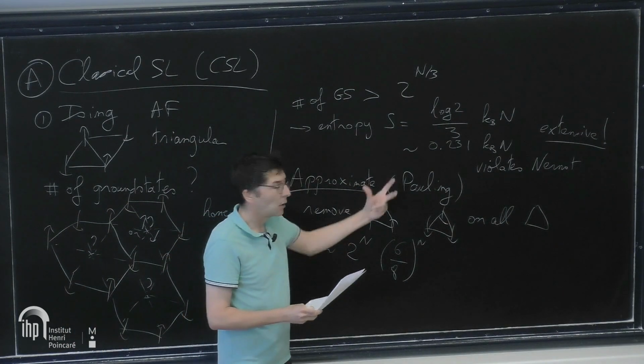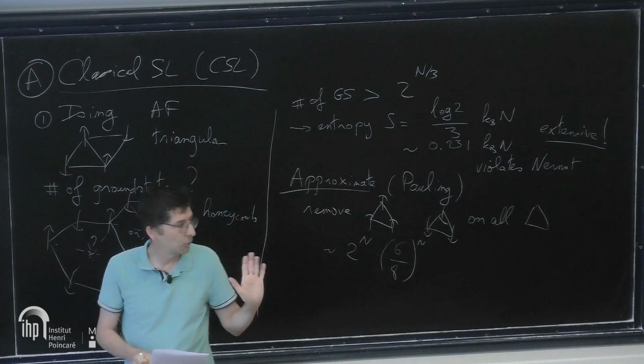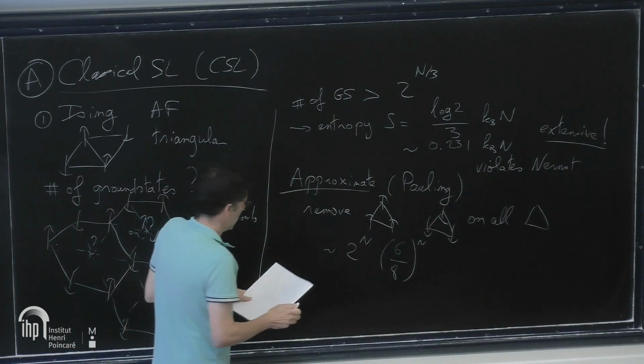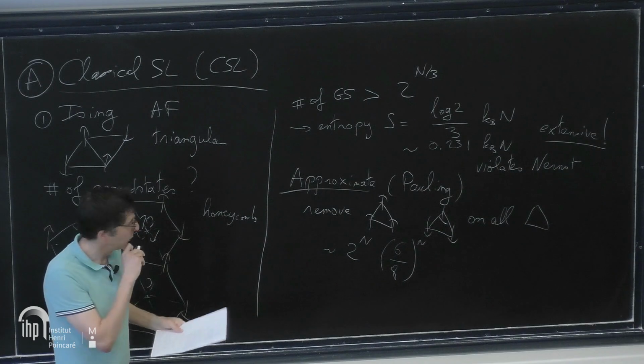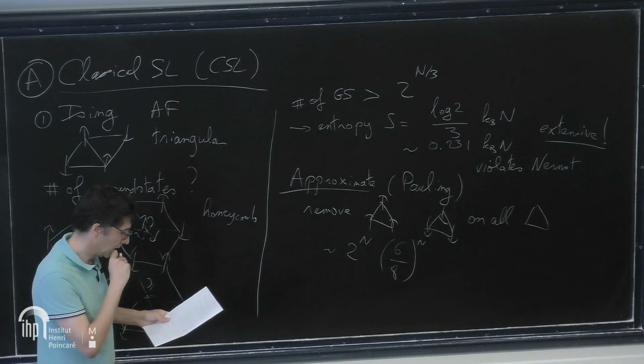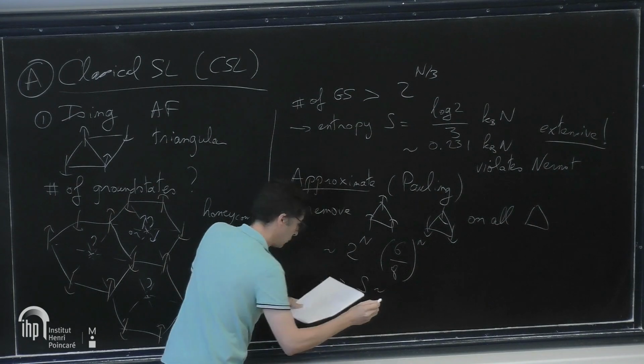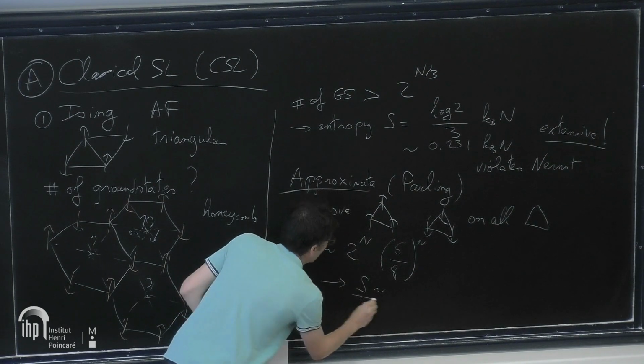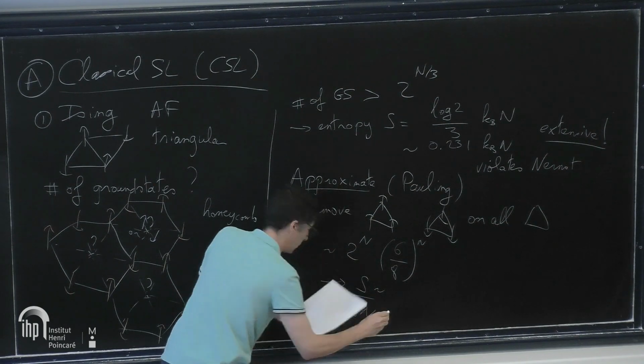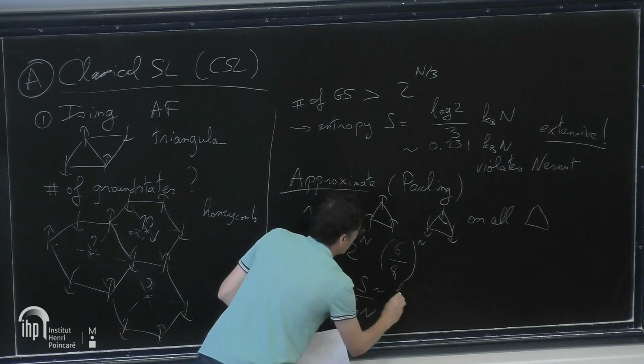Of course, you suppose that they are all independent, and they are not. So it's not a controlled approximation. It's probably an upper bound, because you suppose they are independent. And if you do that, you also find entropy, S over K_B N. We just want the number. We find 0.4, I think, log of 3/2.